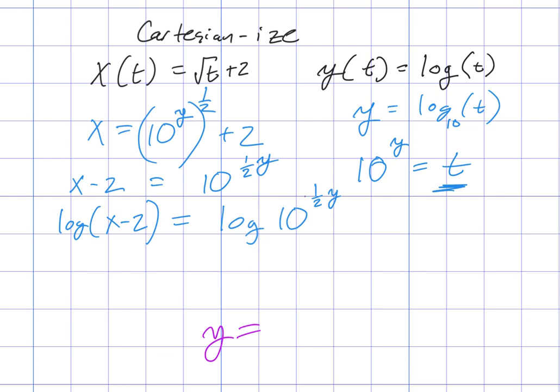The exponents inside logarithms can come out in front. I'll have log of x minus 2 equals 1/2 y times the log of 10.